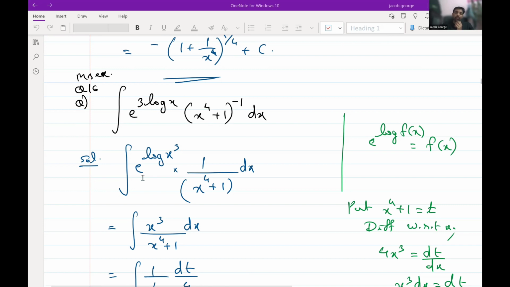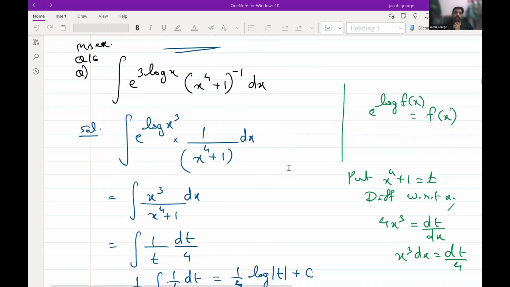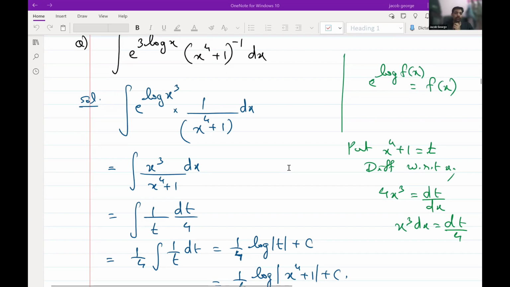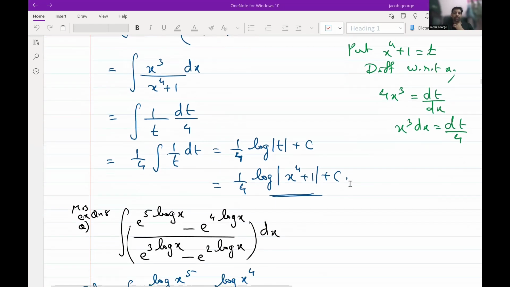If e raised to log comes, we can cut that one. In differential equations also, we have studied this rule. So it comes x cube by x raised to 4 plus 1. Is that clear, that first step calculation? Yes, sir. The log property is applied, then e raised to log of f of x is f of x. Then direct substitution. We get x raised to 5.